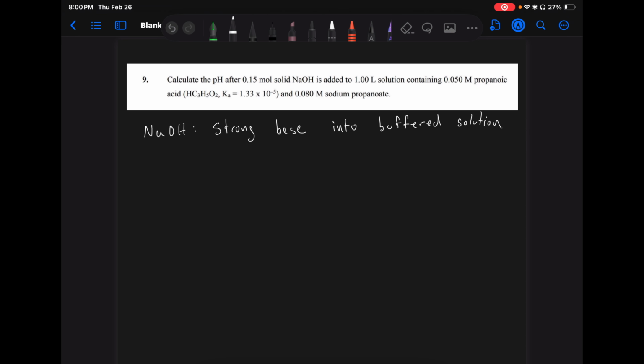So what will happen is that this strong base will react with the weak acid and produce the weak base.